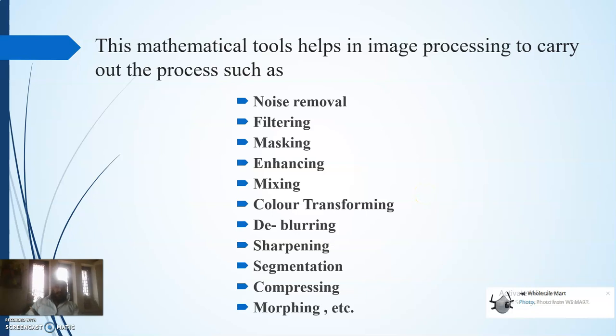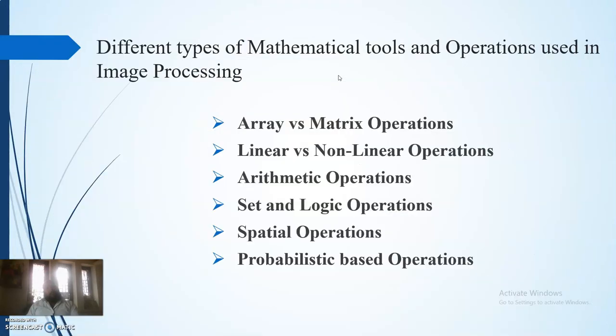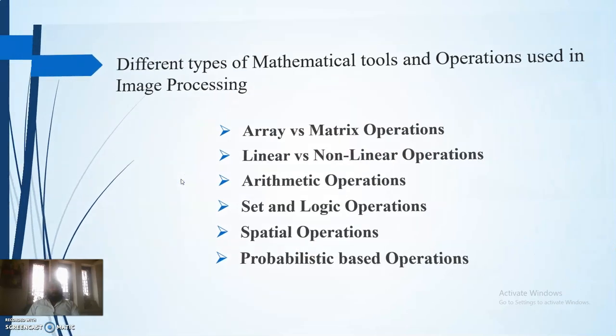Like that we can have a longer list of image processes. All these processes are carried out with the help of mathematical tools. So now we can see one by one.